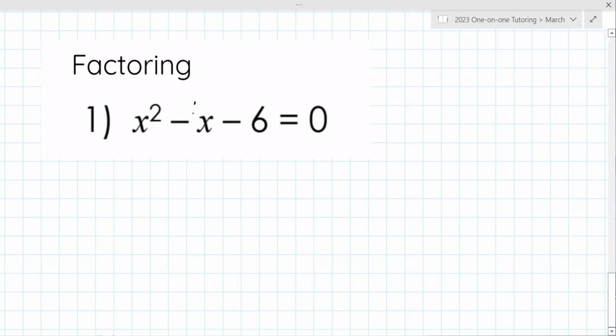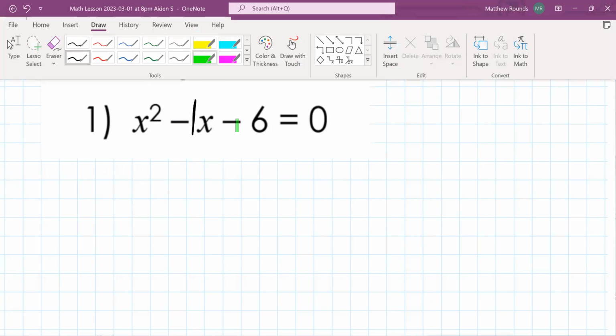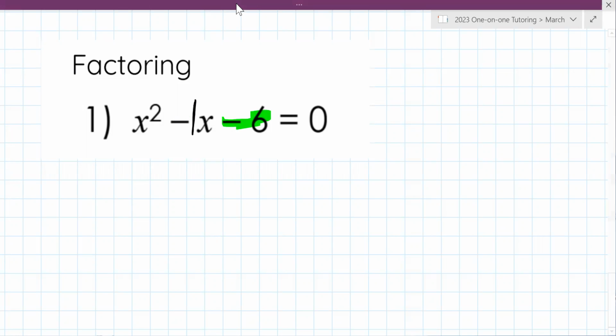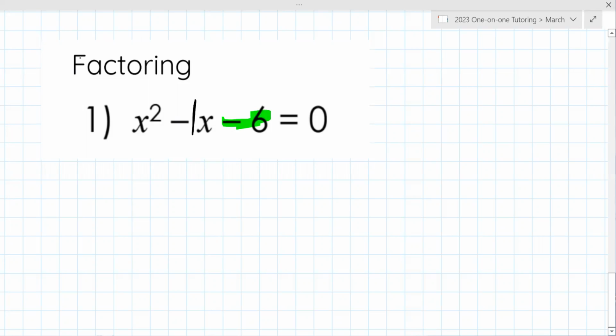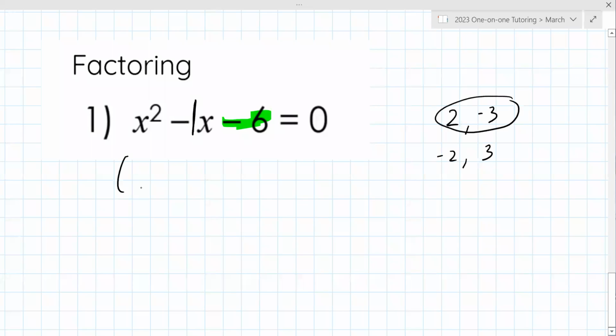So it has to do with the -6. -6, -1, and it's 2, -3. So is it 2 and -3 or -2 and 3? 2 and -3. Yes. So what do you write down below here? X plus 2, X minus 3, and then it's X equals -2, X equals 3. You got it.